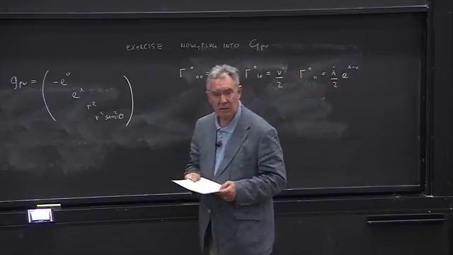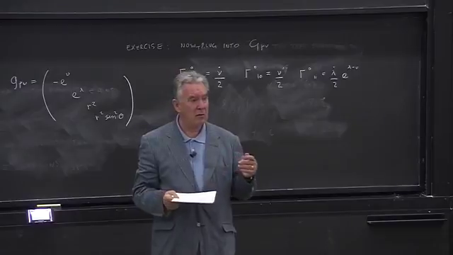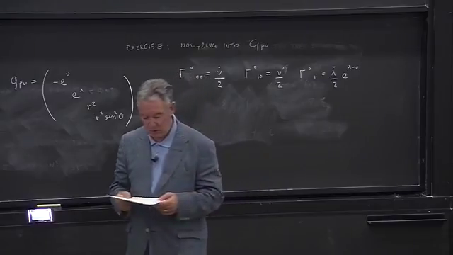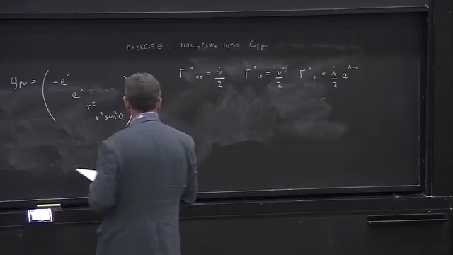And I think when you do this exercise, you will understand why it was convenient to call them e to the lambda and e to the mu. It's just a calculational device.